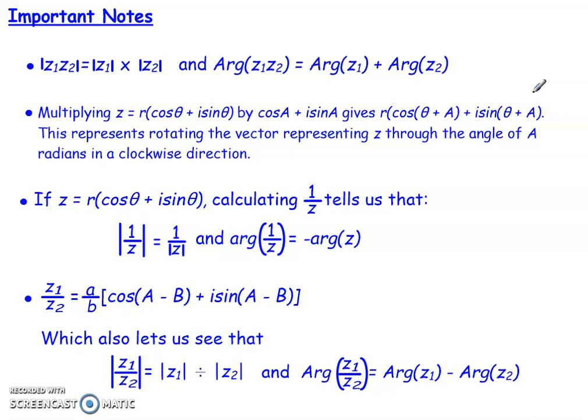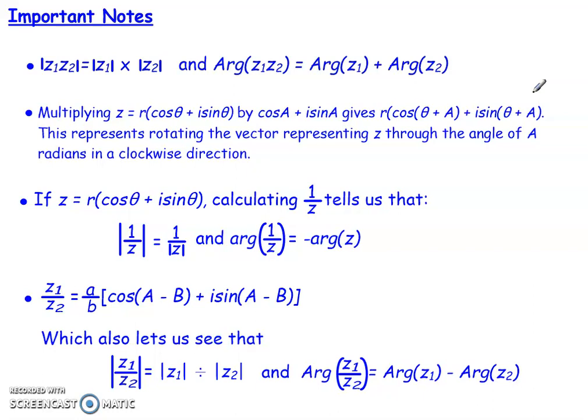So essentially you pin the vector down at the origin and you rotate it round by whatever the size of that angle is in radians. Now this comes in handy when we look at multiple solutions within our set of complex numbers that we're working with. This will be something we'll build on a little bit later.